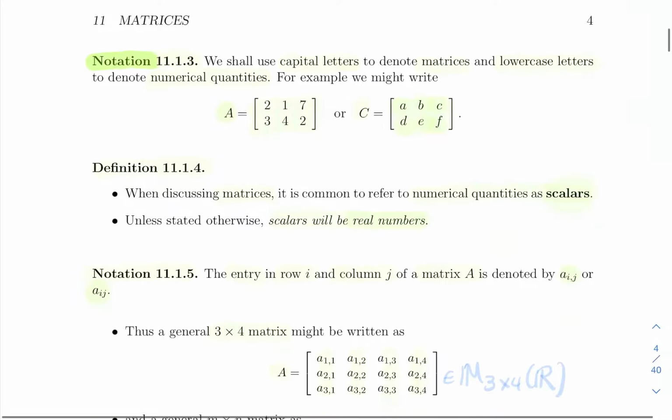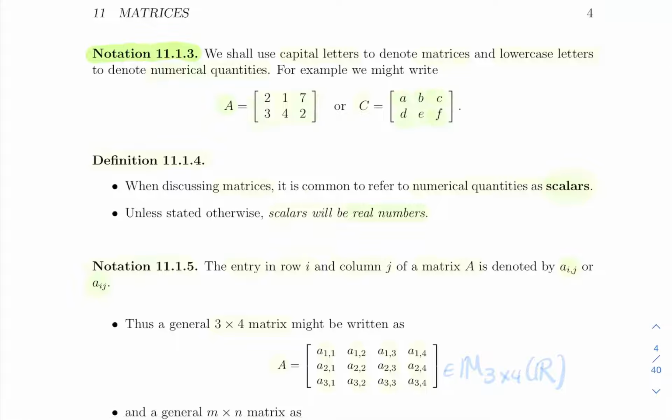So a bit of notation here. Typically when we're dealing with matrices, we will use big capital letters for matrices. And then if we're talking about numbers or scalars, or entries inside those matrices, we're going to use lowercase letters for any numerical quantities.